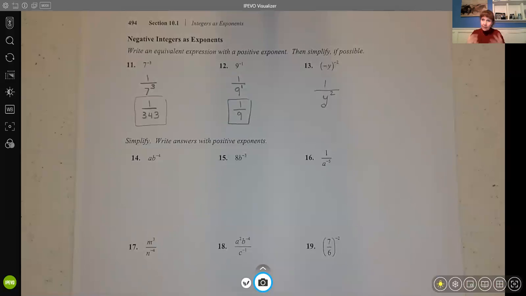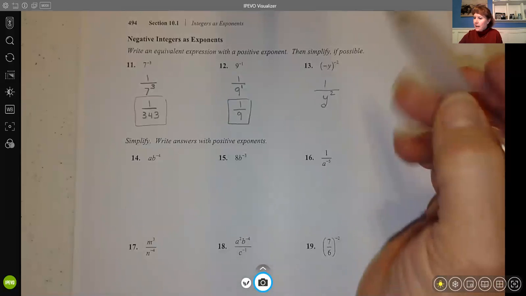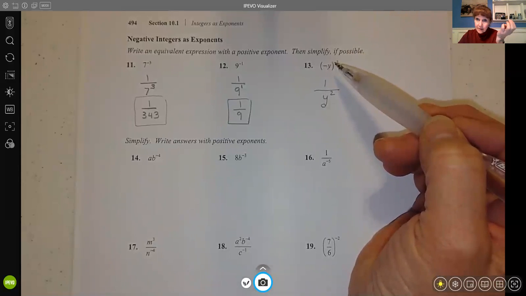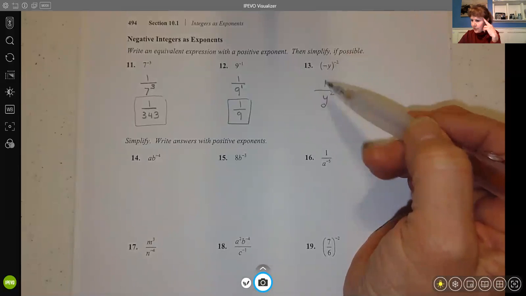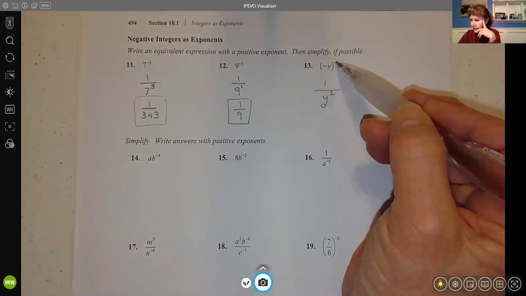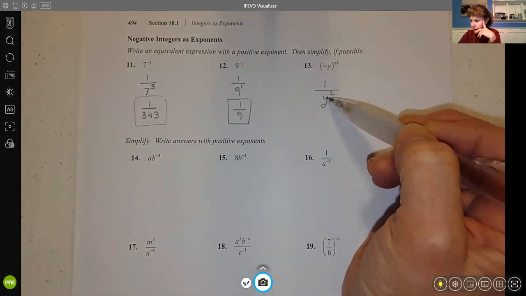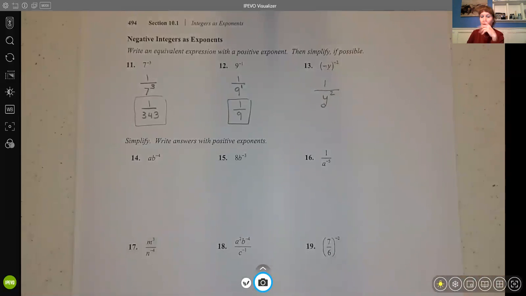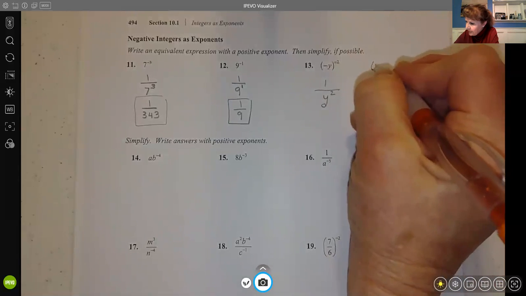Okay, I did a bunch of steps there, but here the 2 gets rid of the negative. If that had been a 3, the negative stays. So maybe I'll do a sample of that real quick. This negative here, put it underneath. This 2 got rid of the negative sign. Now, what if I would have had this?